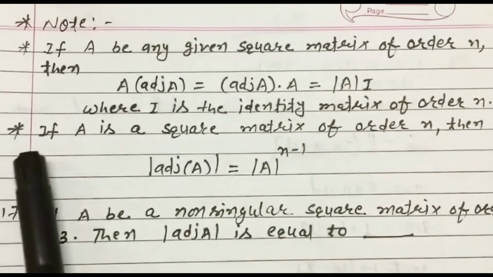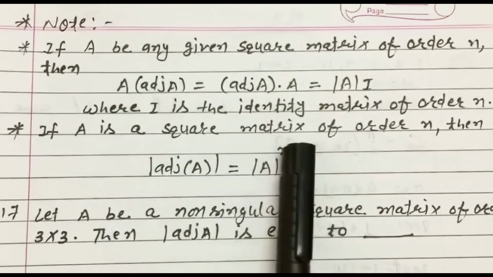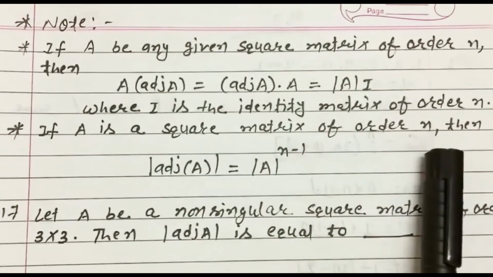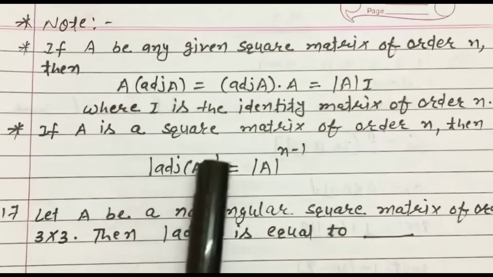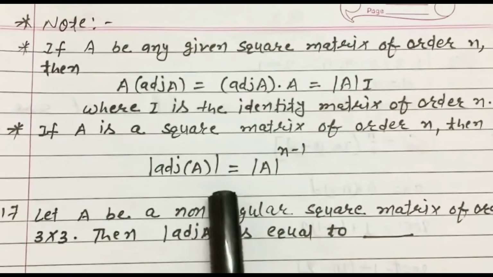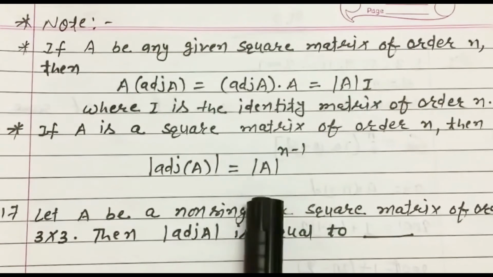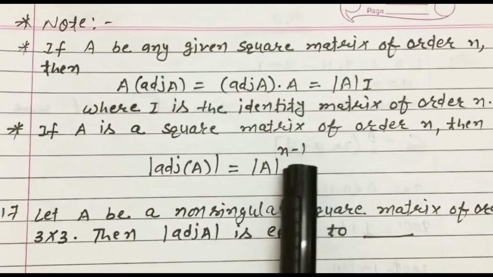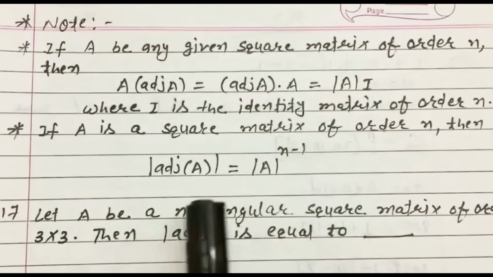Second is, if A is a square matrix of order n, then the determinant of adjoint of A is equal to determinant of A power n minus 1, where n is the order of the matrix.